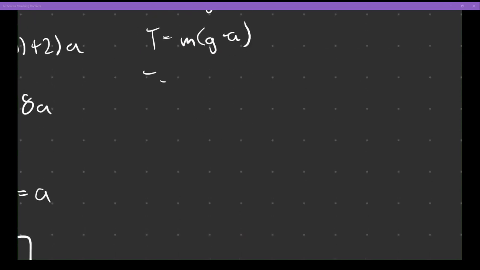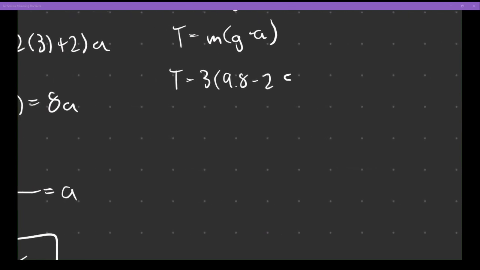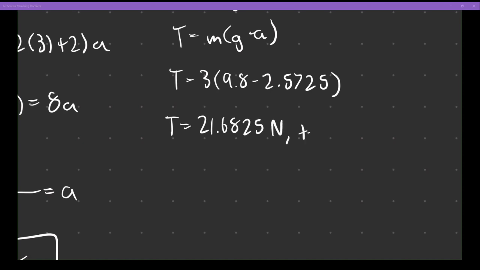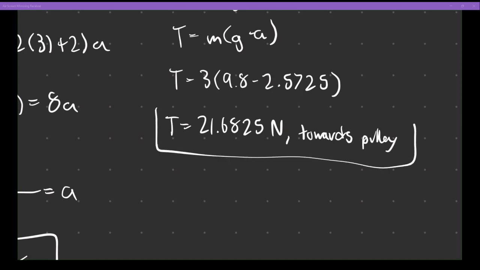So T is equal to 3 times 9.8 minus a, from the last question was 2.5725. And so T, putting all this in your calculator, is 21.6825 newtons. But then it's pointing always towards the pulley. And that's the direction. And tension is a vector, so it needs magnitude and direction. There you go.